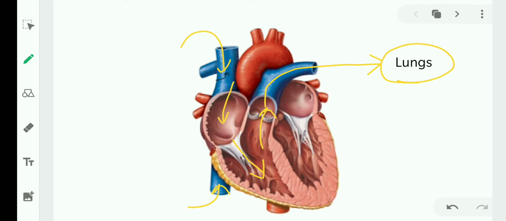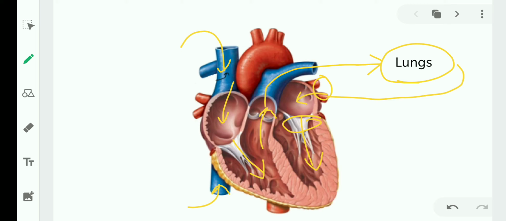Here the blood gets oxygenated and it enters the left auricle via these pulmonary veins, and similarly the blood gets filled here also in the left auricle to a certain limit, and then this left auricle contracts, this valve opens, and the blood enters the left ventricle.